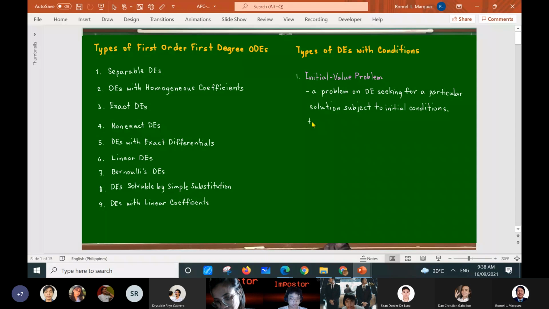that is, satisfying the conditions at the same value of the independent variables.